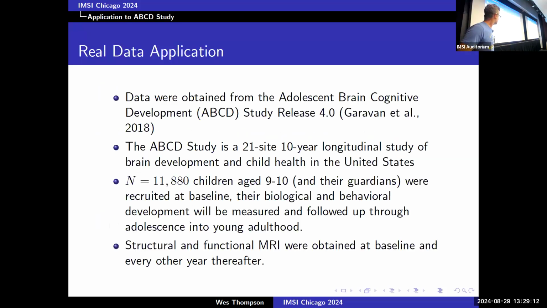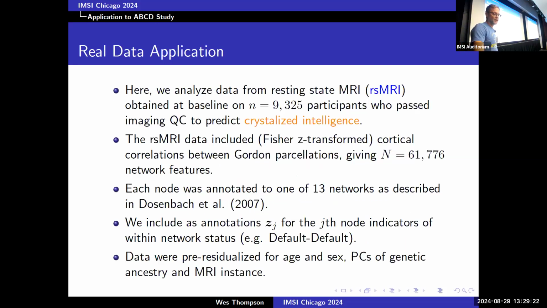Applying this to the ABCD study, everybody knows what the ABCD study is. So 11,880 children, ages 9 to 10 at baseline, and we just used the baseline data for this. We used the resting state MRI, and in particular, we used the Z-transformed Pearson correlations between the Gordon parcellations, which is roughly 62,000 features.